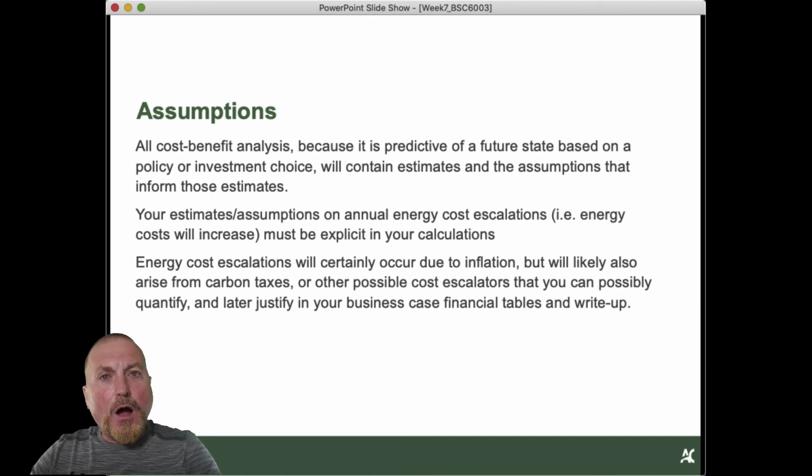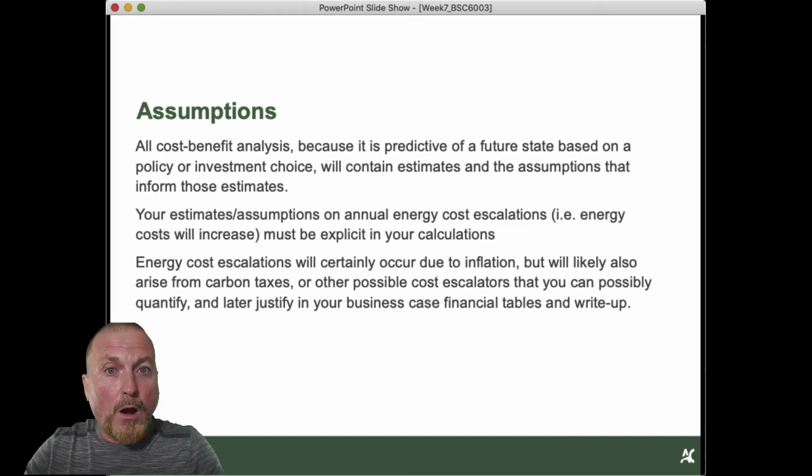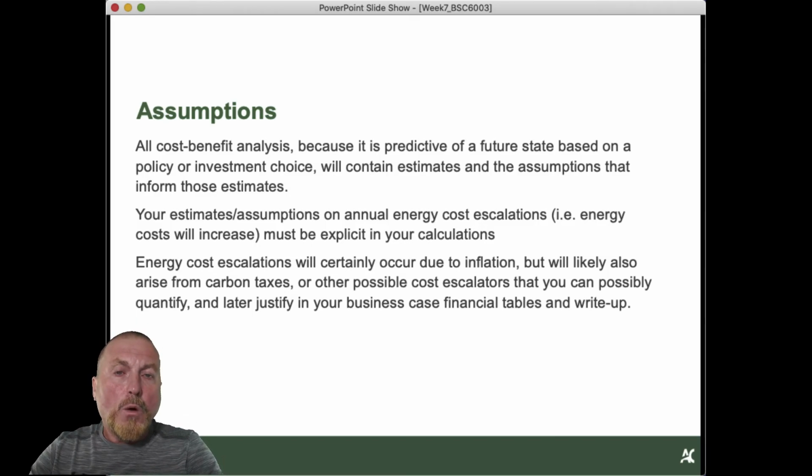But because all business cases are by their very nature predictive, they are going to contain assumptions, okay? And those assumptions have to be factored into your cash flow scenario over the scope and the duration of your business case, okay? One of those assumptions would be energy costs. Energy costs are likely to escalate over this time period, right? Okay.